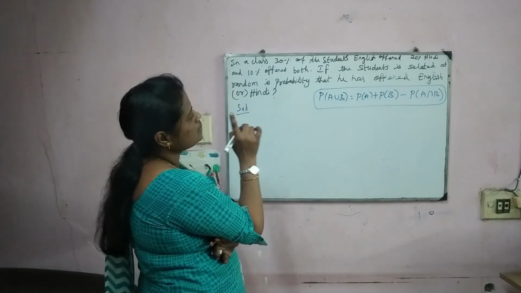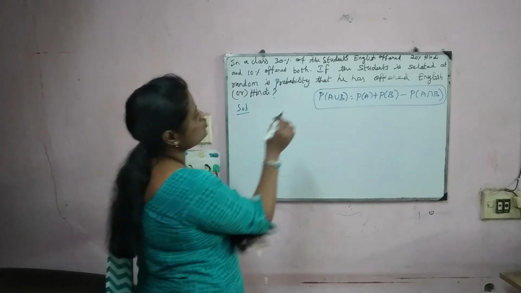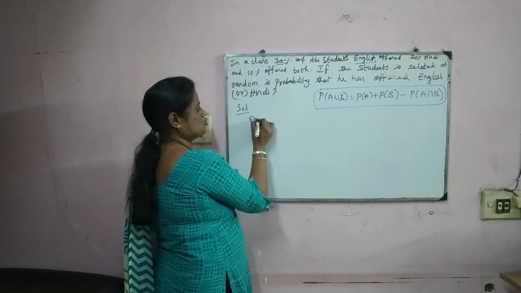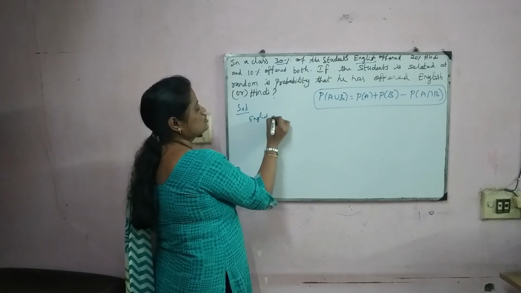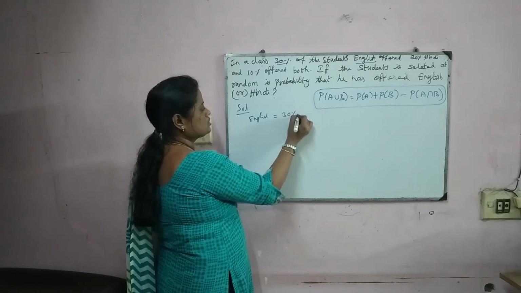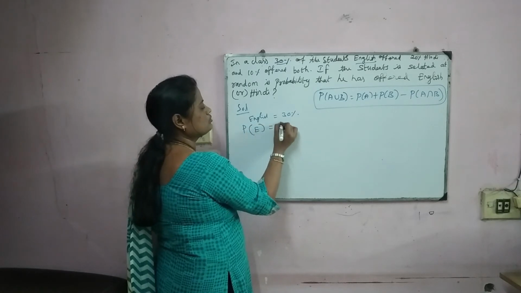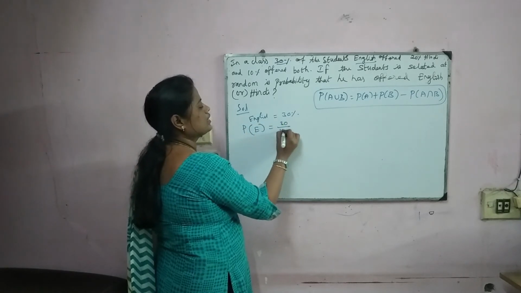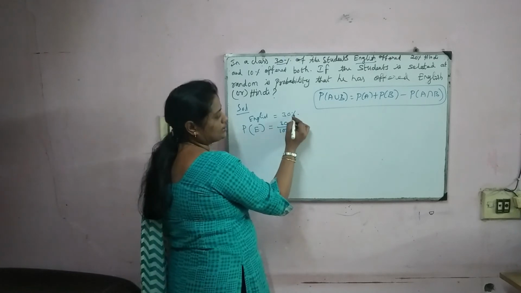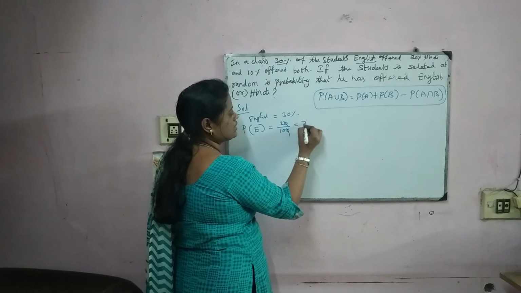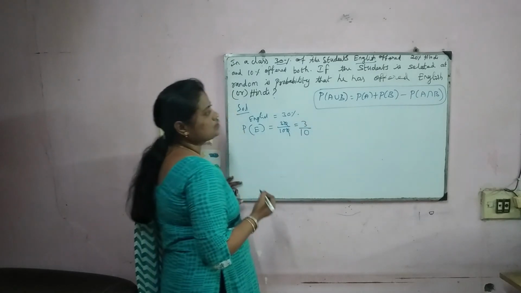In this class, 30% of the students offered English. So English is 30%. So the probability of English, P of E, is equal to 30 divided by 100. Because 30% we can rewrite as 30 by 100. This 0 gets cancelled. We can rewrite it again as 3 by 10.